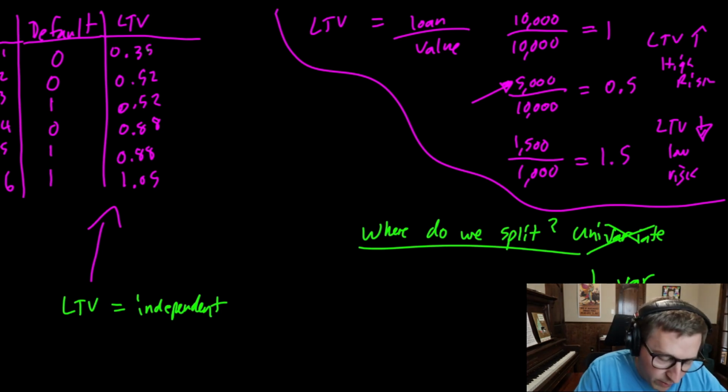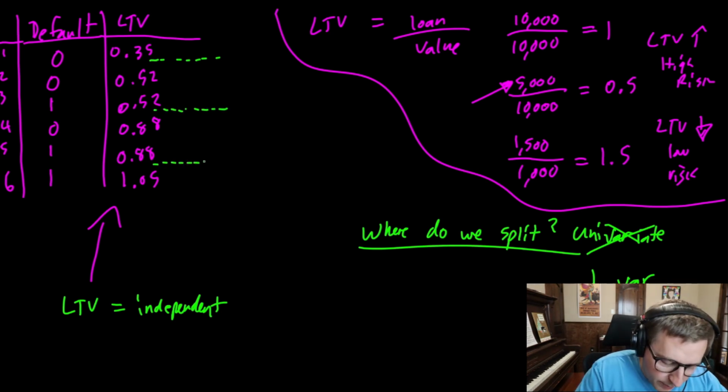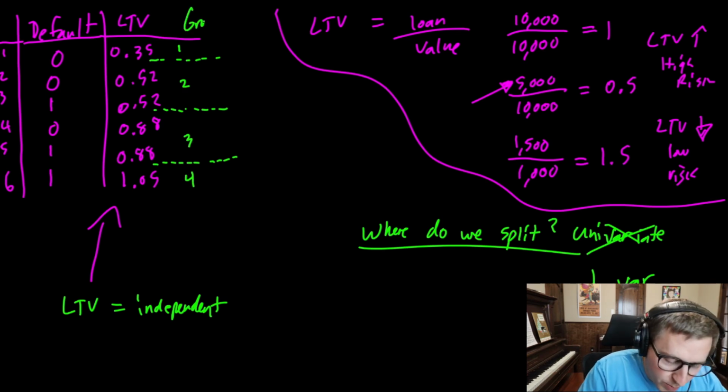So you can see, okay, 0.35 and 0.52, we could potentially do a split here. Again, 0.52, 0.52, can't divide those up, but we could split 0.52 and 0.88. And then you could split out 0.88 and 1.05. So hypothetically, right, this could be 1 group, 2, 3, and 4. So I'm just going to call these groups for now.